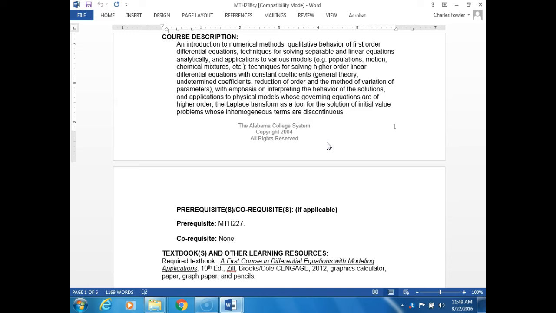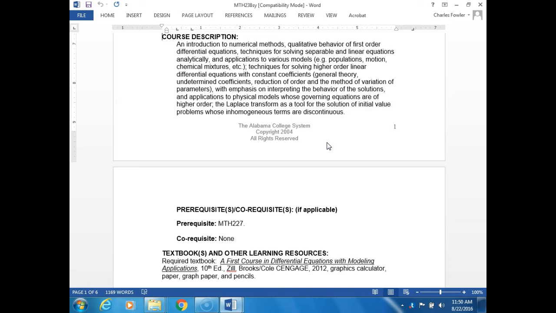Textbook, and that's what I was just holding up. Required text. Ooh, goodness, that's the wrong one. Okay, here it is. First course in differential equations with modeling applications. 10th edition. And this is by Dennis G. Zill.